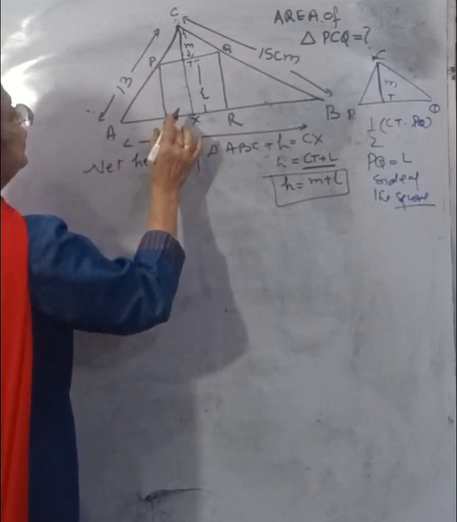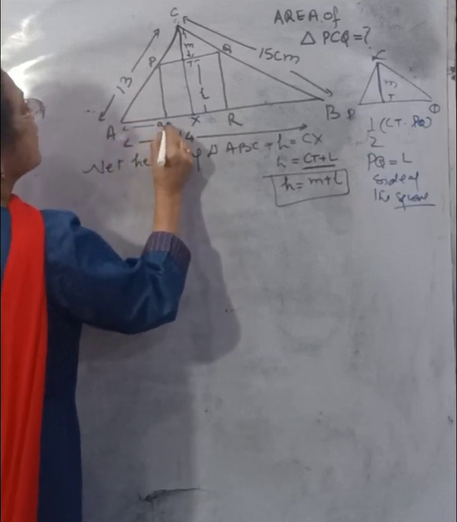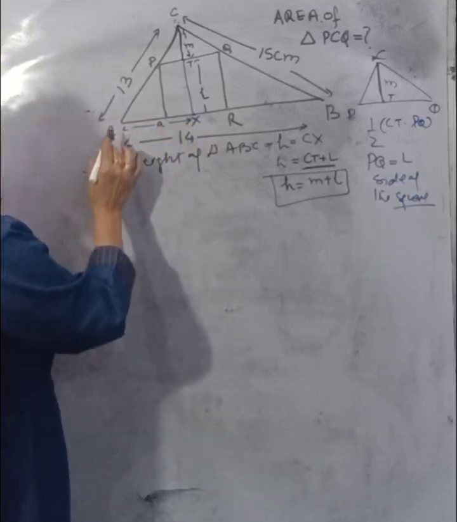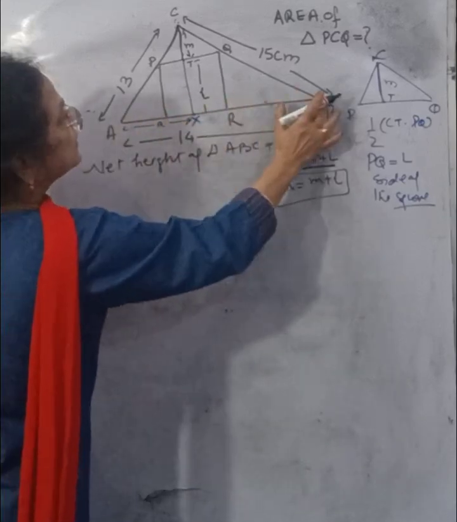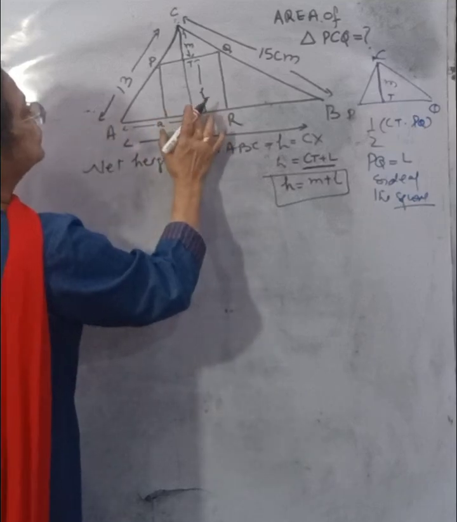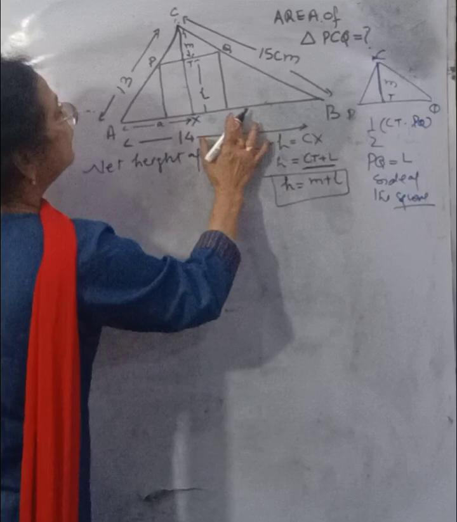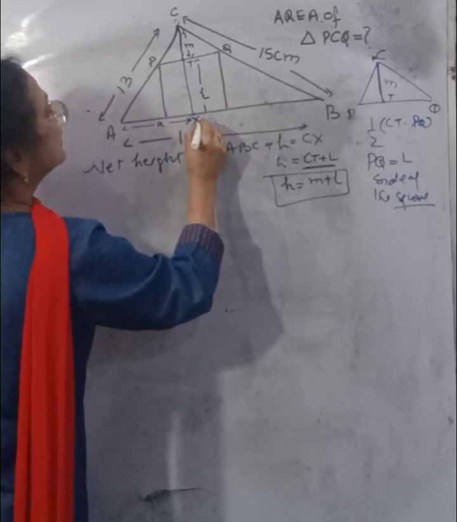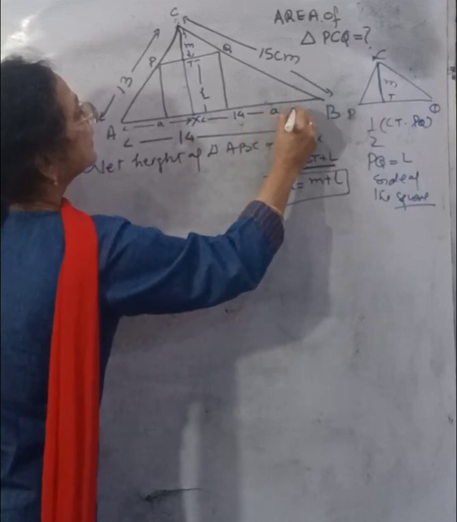Now this is point X. Let us suppose the distance AX is equal to small a. This total distance AB was given as 14, so this portion will be 14 minus a.